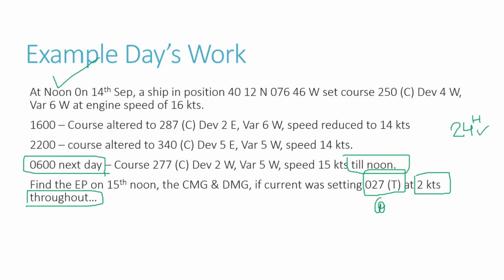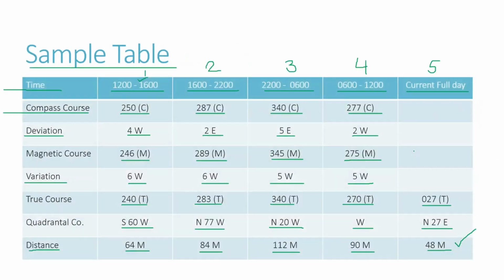So since the time is 24 hours, speed is 2 knots, तो हमारी total drift कितनी बन गई बेटा? 48. ठीक है सर, समझ गया. थैंक यू सर. 48. So 027 is our course and 48 mile is our distance. Now you look in the table, 027 is our course and 48 miles is our distance.